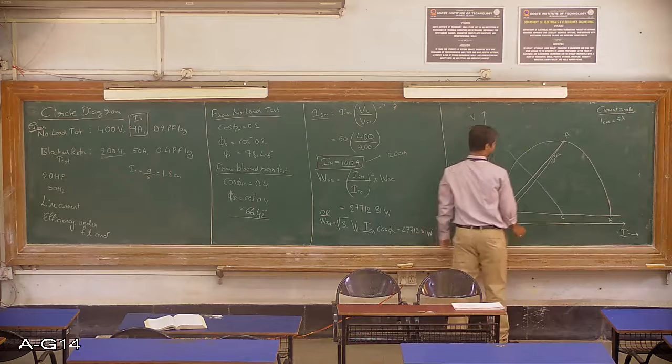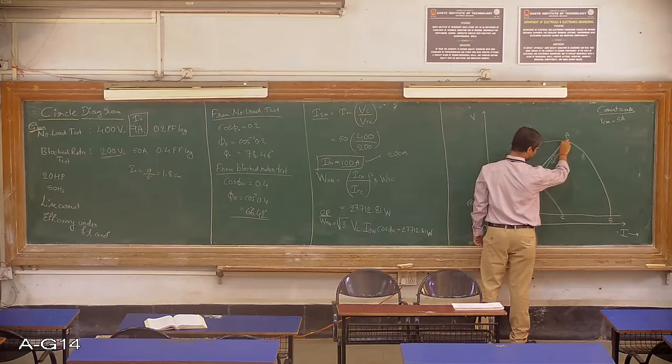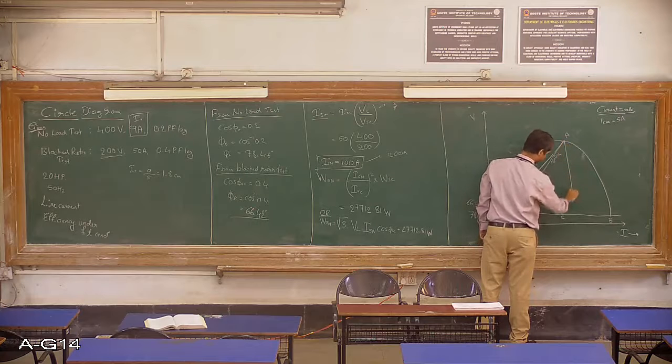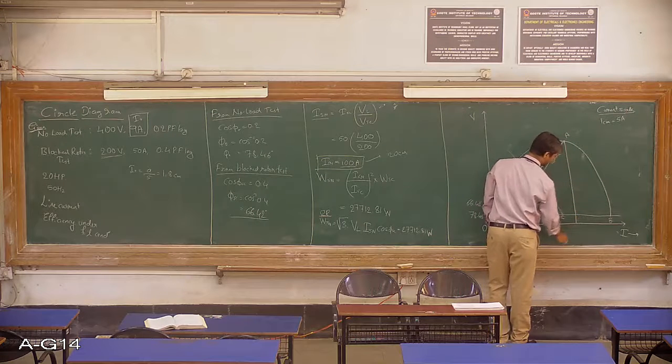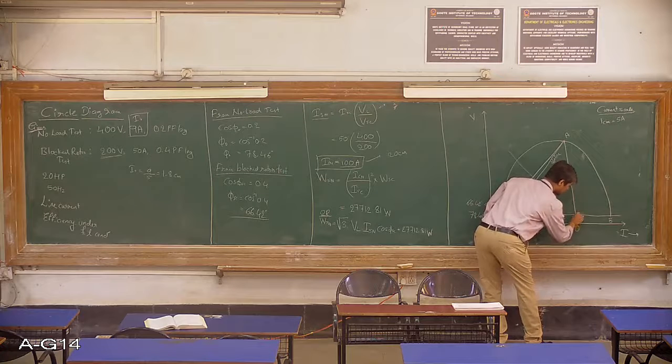Now draw a vertical line from the point A till it reaches the horizontal axis at point D, and this is point F.